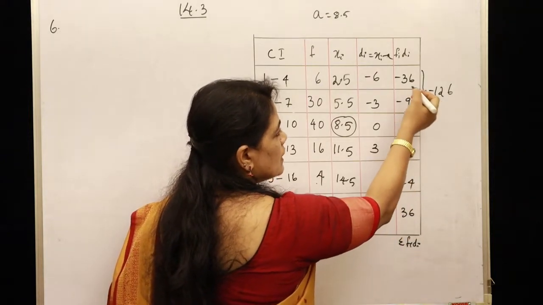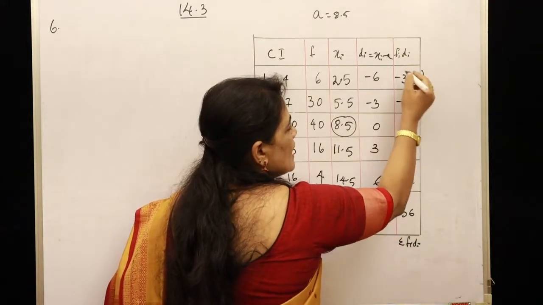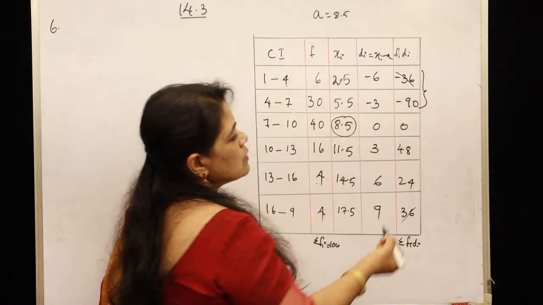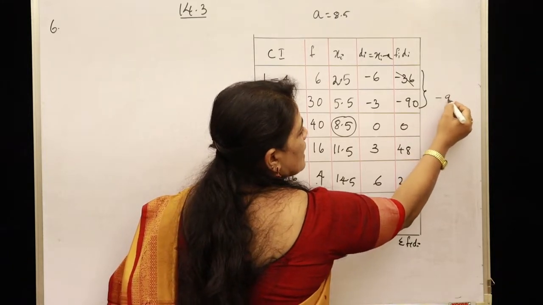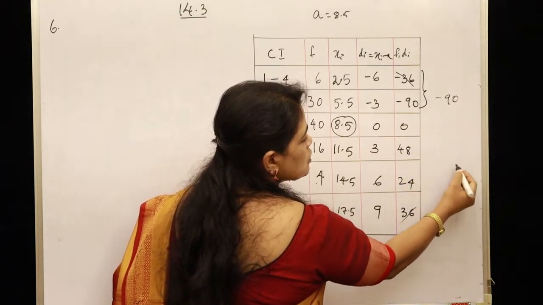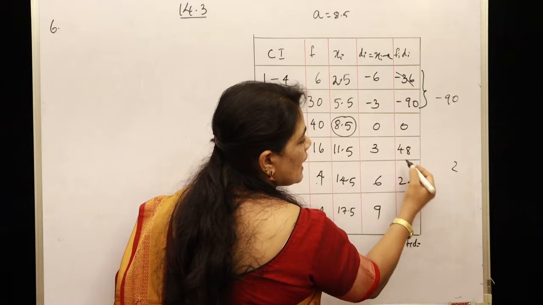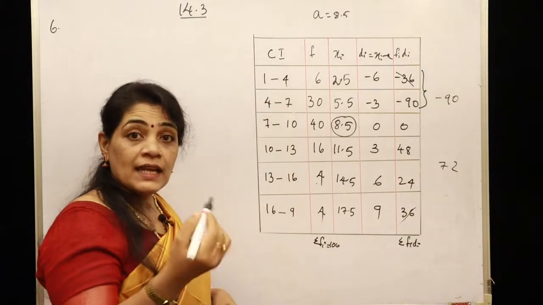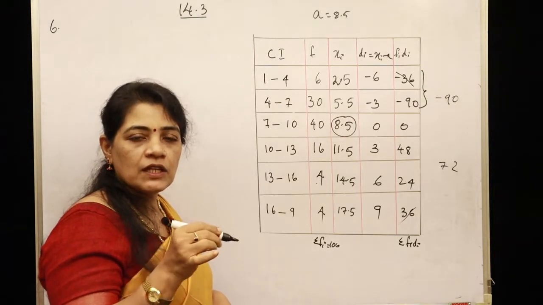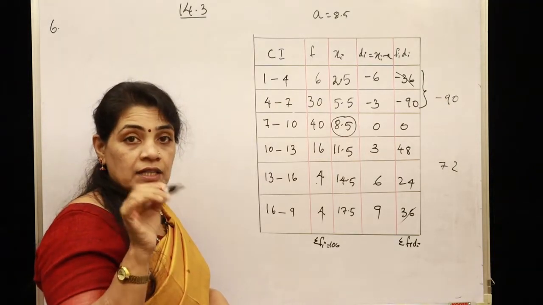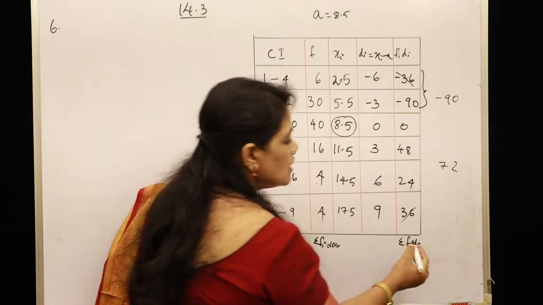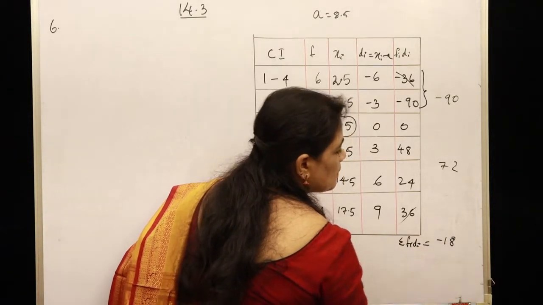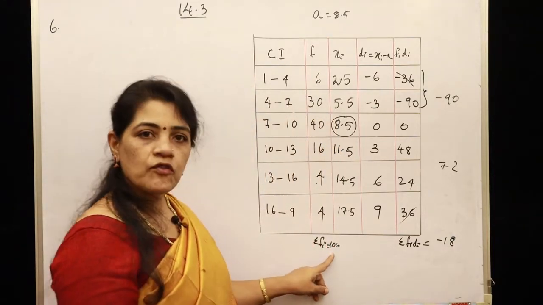We can cancel negative 36 and positive 36, so you will have minus 90 alone. Here we have 12, 8 plus 4, 12, 1 carry, 6 plus 1, 72. So minus 90 plus 72 is minus 18. So sigma fi di is negative 18 and sigma fi is 100.